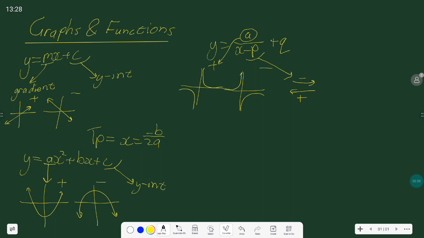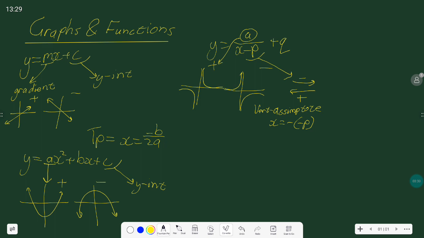Keep in mind it's q here in the middle. It's also responsible for my vertical asymptote, and this will usually be where x is the negative of that value.